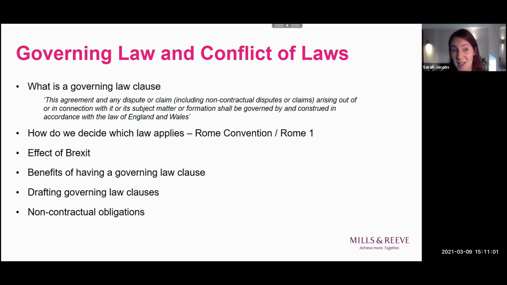Well, both of these conventions give you an escape route, which is that a different law can apply if you can show that the contract is more closely connected with another country. It's a little bit harder under the Rome I, so for contracts entered into after December 2009, but it's broadly the same. Is it more closely connected with another country?